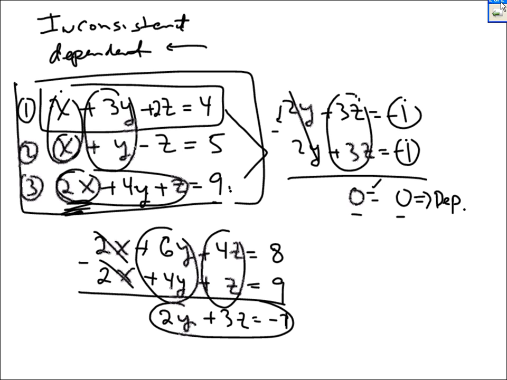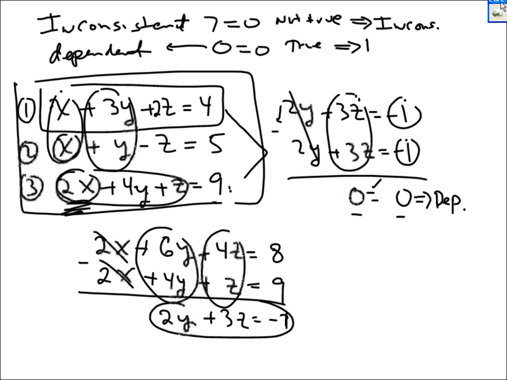That implies dependent. Inconsistent would be 7 equals 0. Dependent, 0 equals 0. This is not true, which means inconsistent. This is true, that means dependent.